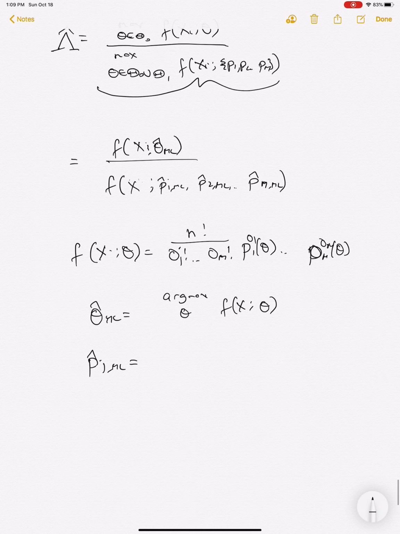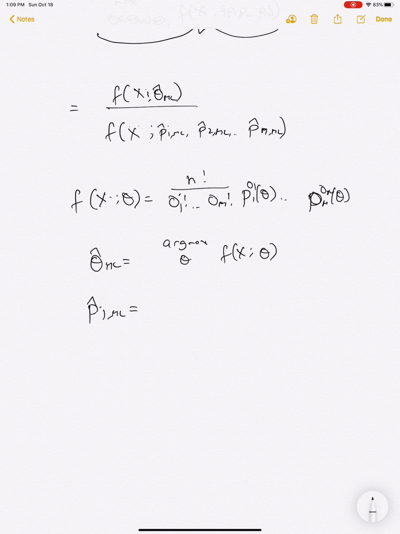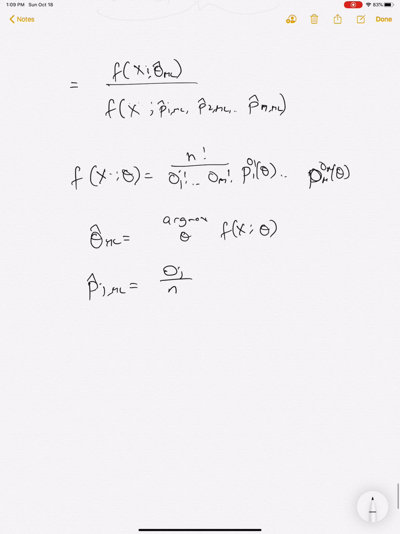If you don't place any constraints on that, it is just going to be equal to Oj over n. And that kind of makes intuitive sense. This is just the proportion of the sample in category j.